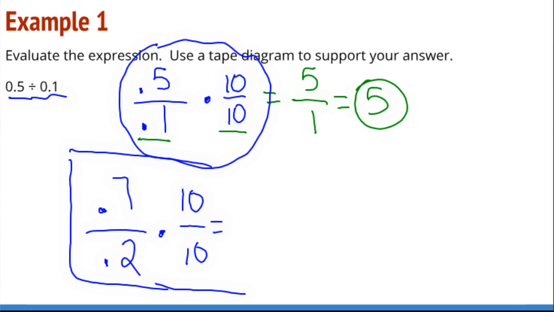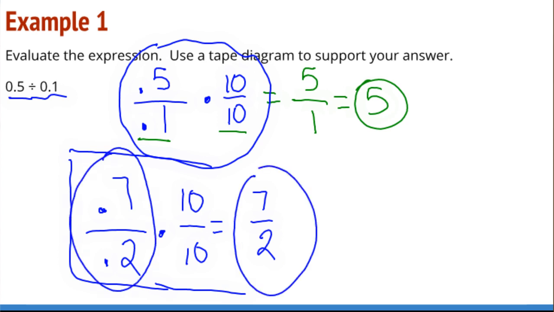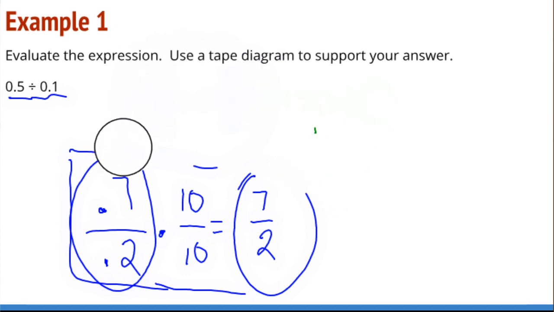They will be equivalent. When I have 7 divided by 2, that is equivalent to 7/10 divided by 2/10. They are equivalent ratios to each other.